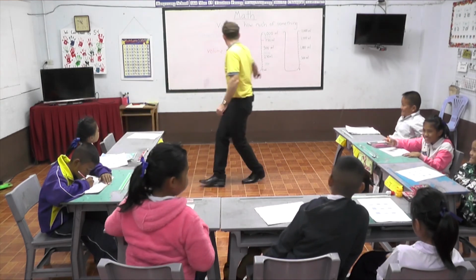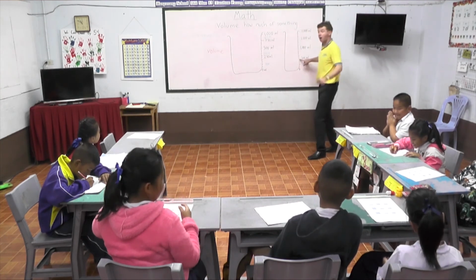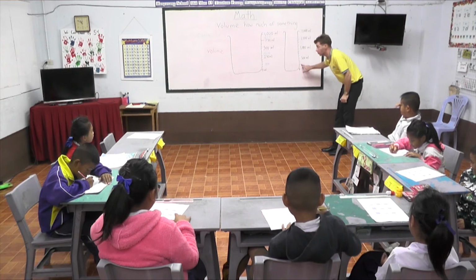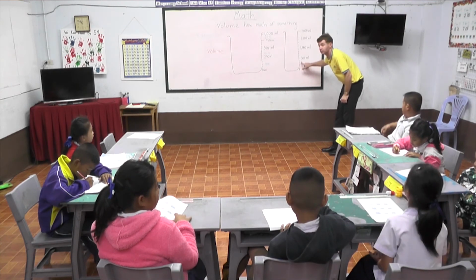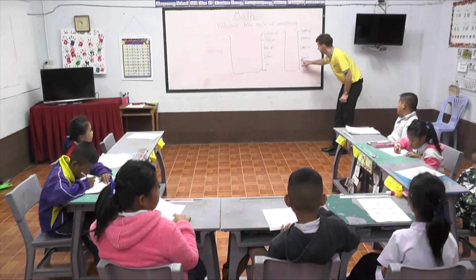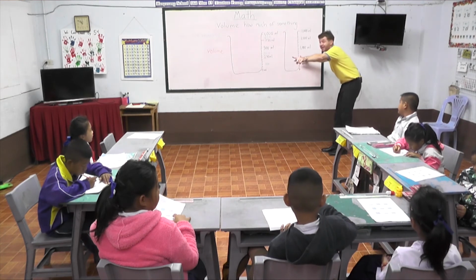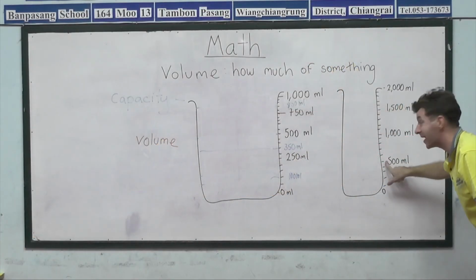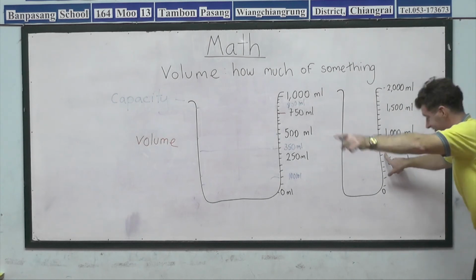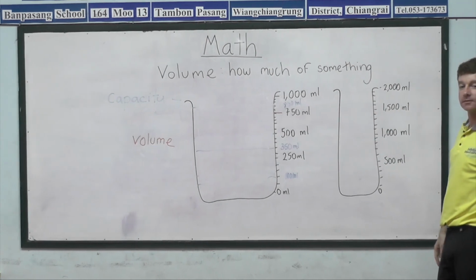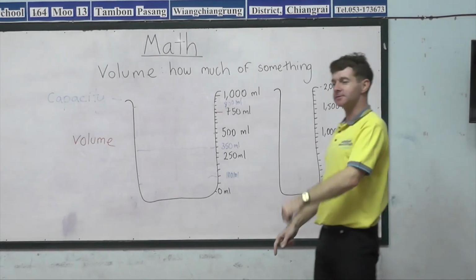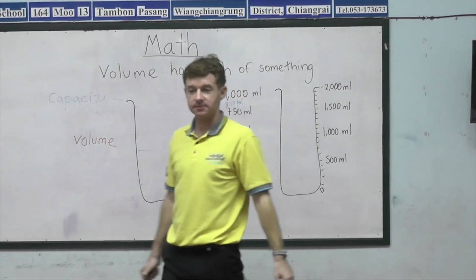So remember, each mark is 100. 100, 200, 300, 400, 500, 600 what? Milliliters. Yes.